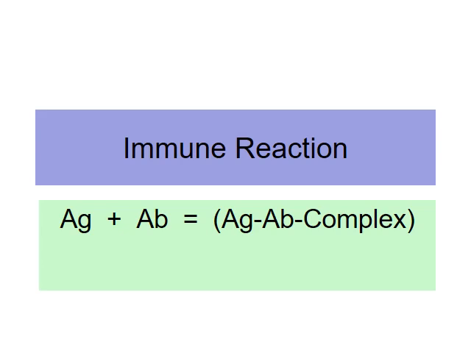So everything is antigenic. Anything that has that tag is going to be something that our immune system responds to. But the most specific reaction that we have in immunology is when an antigen combines with an antibody and forms an antigen-antibody complex.